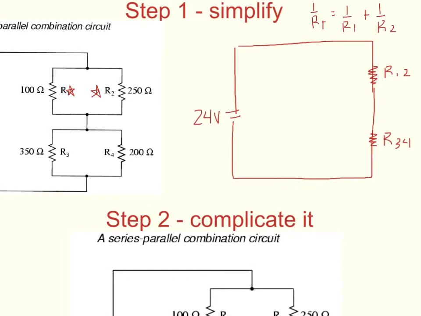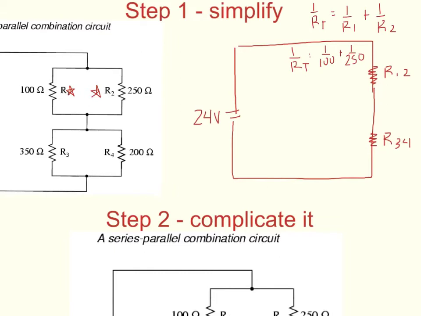So in this case, 1 over R total would equal 1 divided by 100 plus 1 divided by 250.